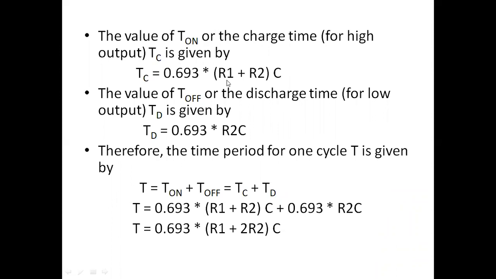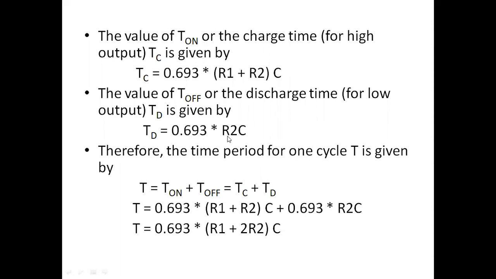So the time constant becomes (R1 + R2) into C, and the charging time period is equal to 0.693 into (R1 + R2) into C. Similarly, the off time is equal to the discharge time, which is 0.693 into R2 into C. While discharging, the capacitor discharges towards the ground potential through the resistance R2. So the time constant becomes R2 into C, and the discharge time is equal to 0.693 into R2 into C.